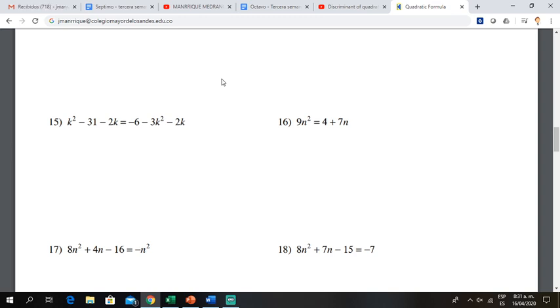Okay, remember that when you execute the discriminant formula, in that moment it's like you have resolved the middle of the quadratic equation, because this is part of the quadratic equation.